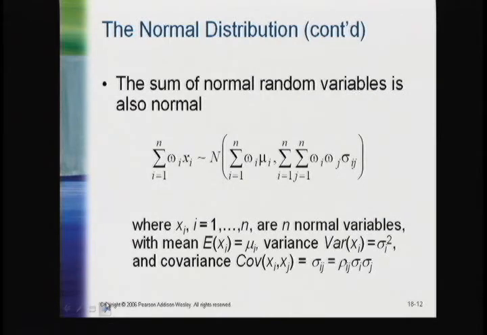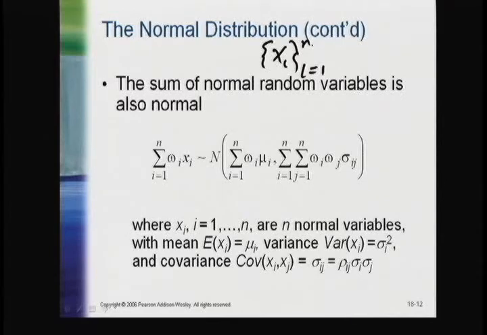Another property of the normal distribution is, in fact, that it's preserved under linear combinations. Namely, if the collection of xi are random variables, they're all normal random variables.